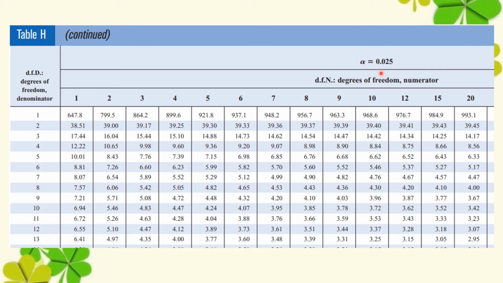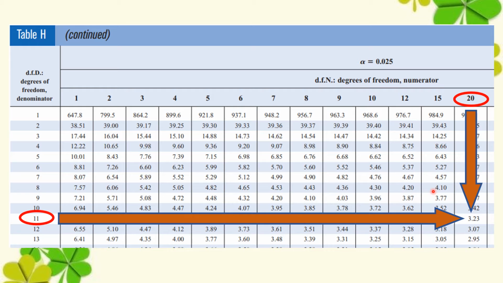And as we know, our DFN, the degrees of freedom for the numerator, is equal to 20, while our DFD, or degrees of freedom for the denominator, is equal to 11. So we are going to find 20 in the upper part, which is in here, and 11 on the left side. Then we are going to find out where they cross, which is in 3.23.